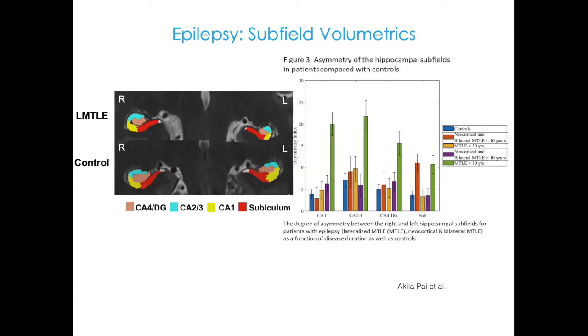We did look at other markers of epilepsy, so subfield volumetrics were performed in the hippocampus. In these non-lesional patient data, we found more asymmetry in these subfields, including the CA1, CA2-3, dentate gyrus and subiculum, in patients with suspected mesial temporal lobe epilepsy when compared to the controls, and it also correlated with the duration of the disease.